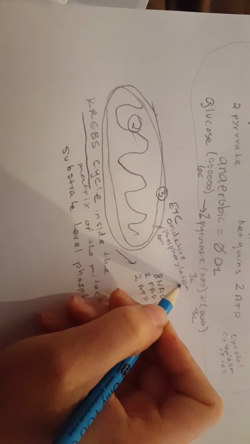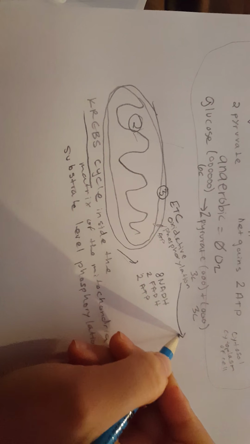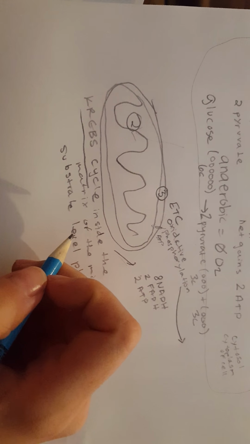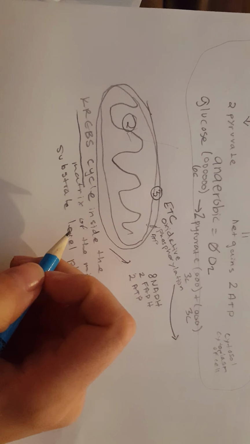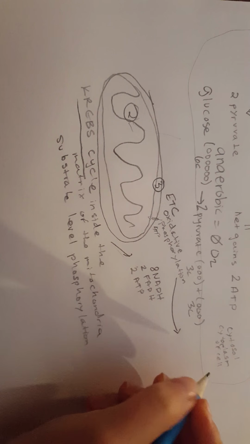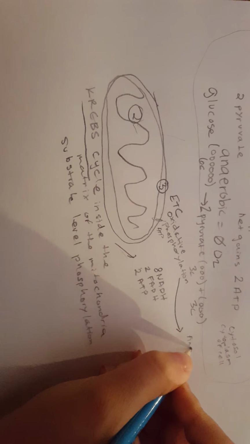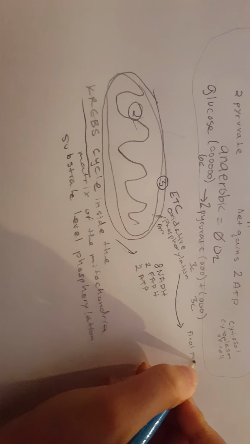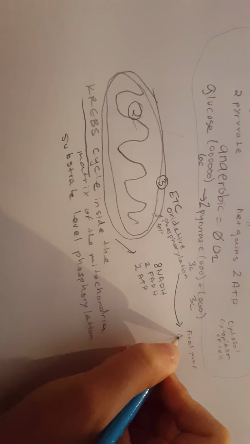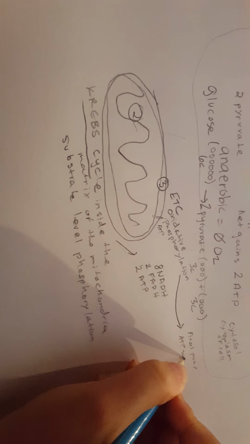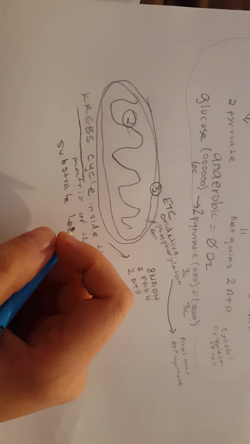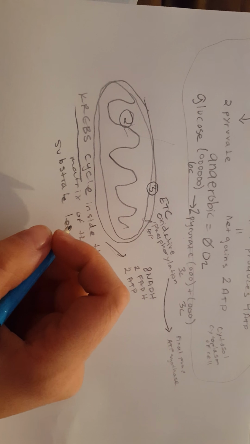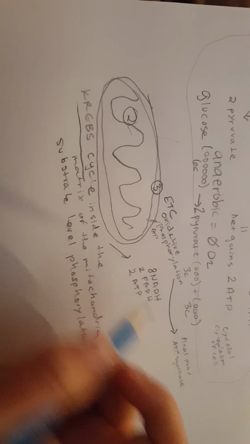So important things about this part is you're going to have the final pump. Obviously, the final pump here is going to be ATP synthase. You're going to have these two different proteins, NADH and FADH.